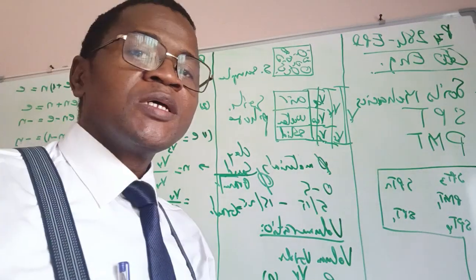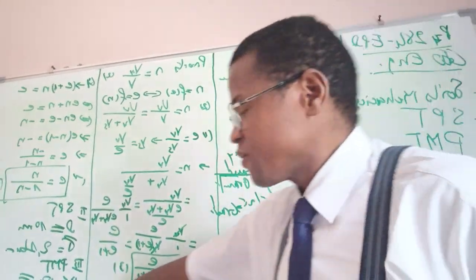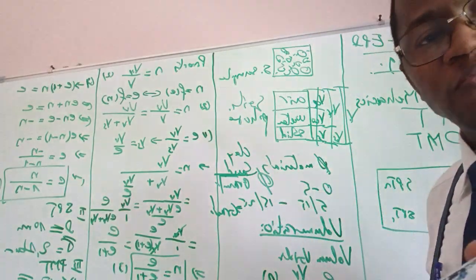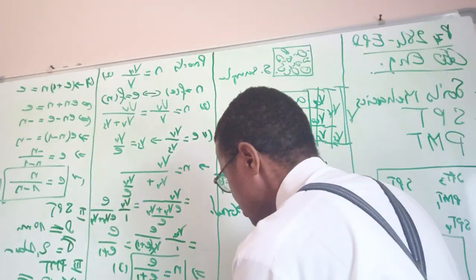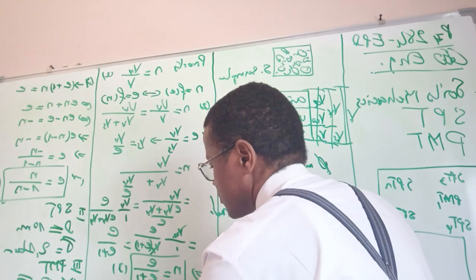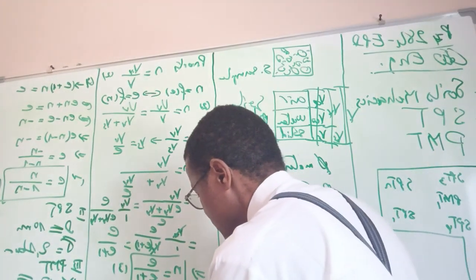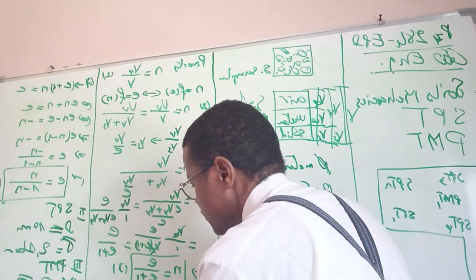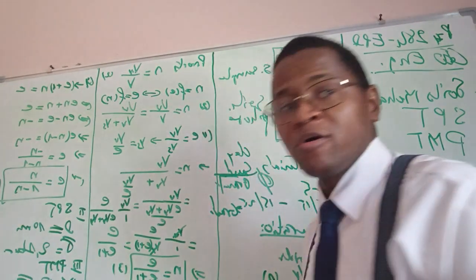So we can decide on many types of foundation. Shallow foundation, if you take shallow foundation, you only have isolated footing or mat footing. That is a depth of less than or equal to 3 meters.